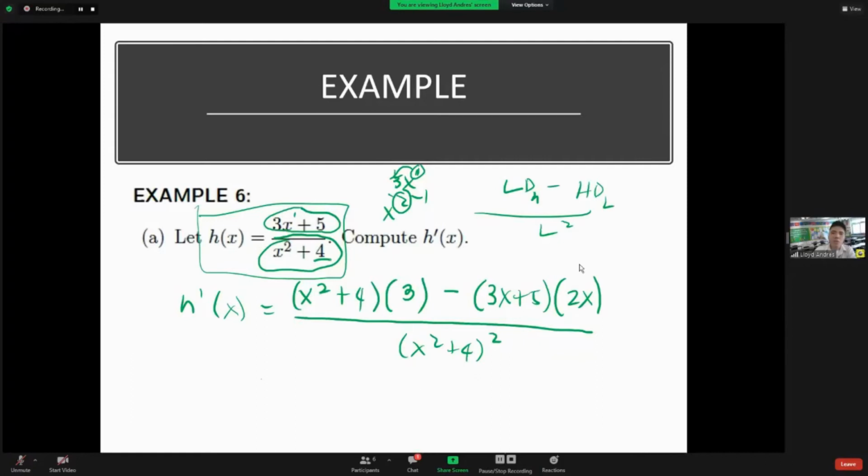So we only simplify the numerator; the denominator stays as is. To simplify, distribute.